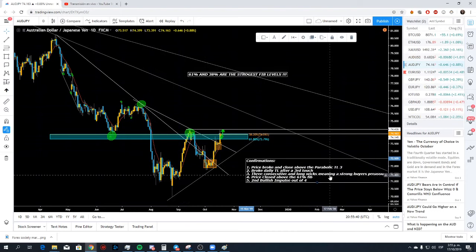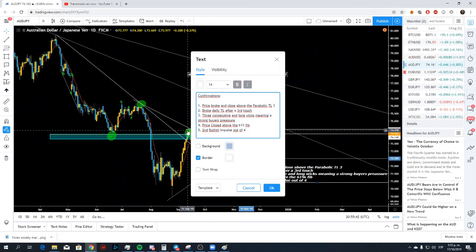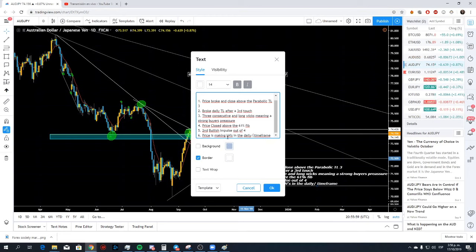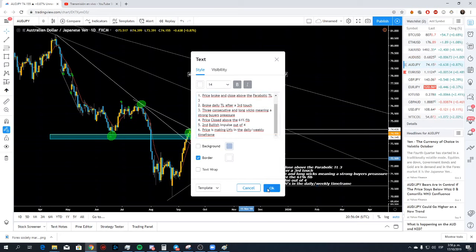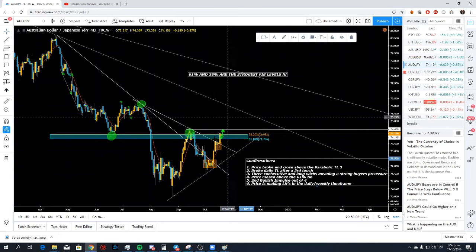Price is making lower highs in the daily time frame. Daily and weekly time frame, okay?